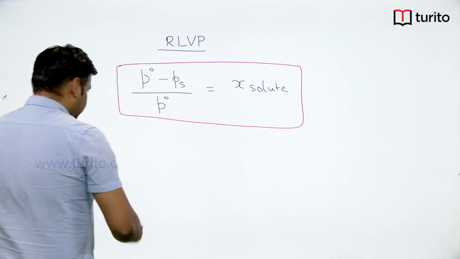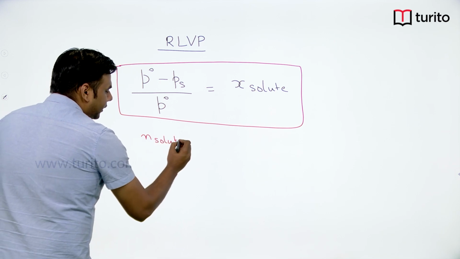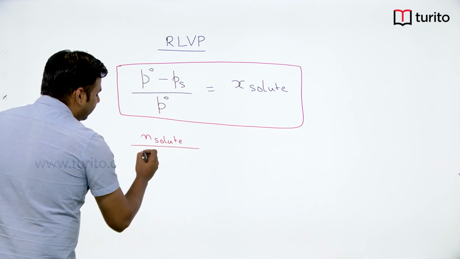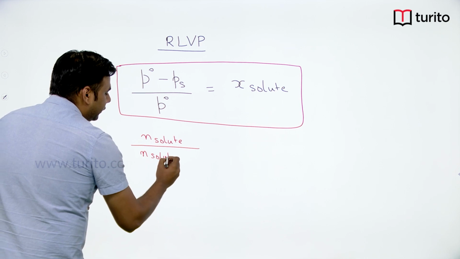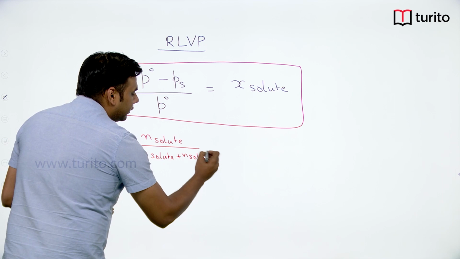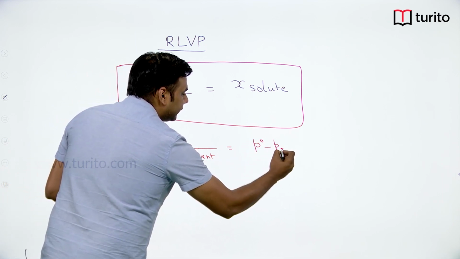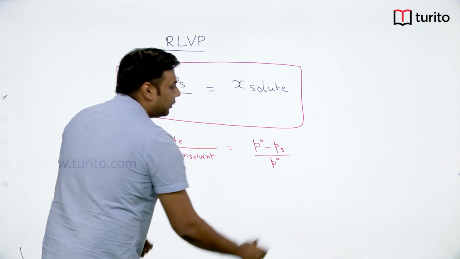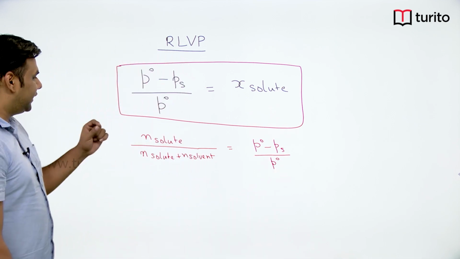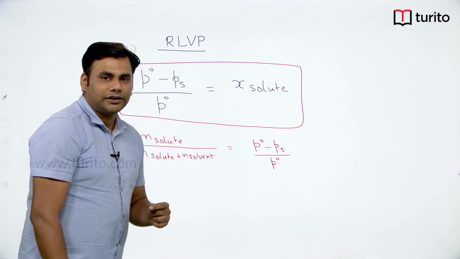So now if you look at this expression, we can also write this as number of moles of solute upon number of moles of solute plus number of moles of solvent is equal to P naught minus Ps upon P naught, okay? So there is a little correction, I think I have written it wrong yesterday, by mistake.